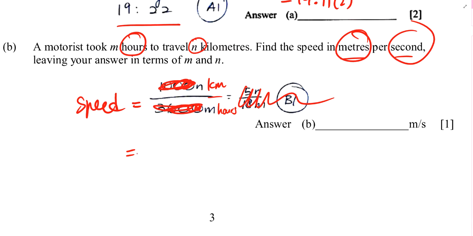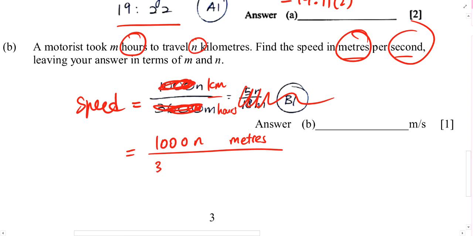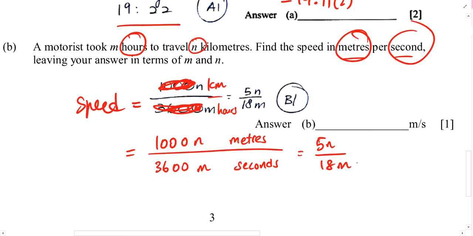Just multiply by 1000. So 1000n meters divided by m hours. How do you convert from hours to seconds? Times 3600, times 60 times 60. So 3600m seconds. So this will be simplified to become 5n over 18m. Okay?